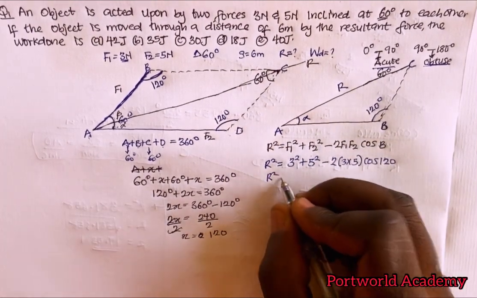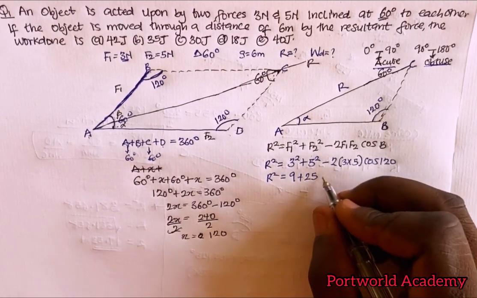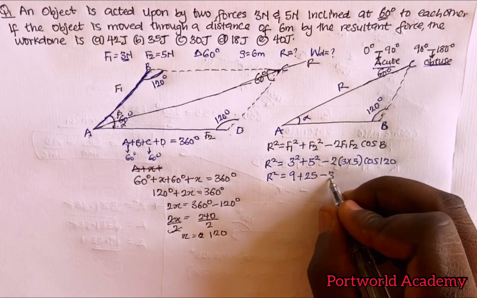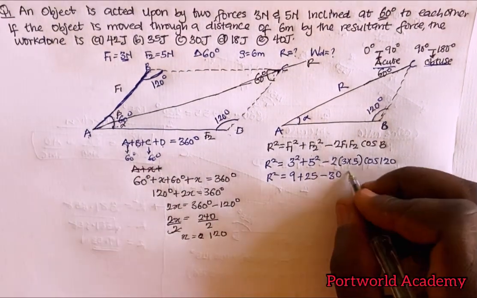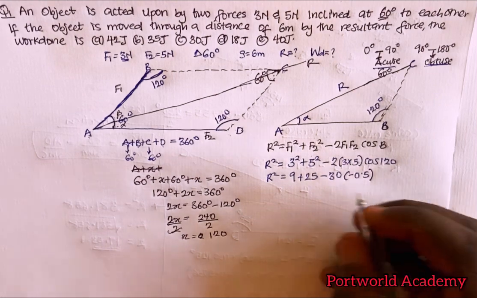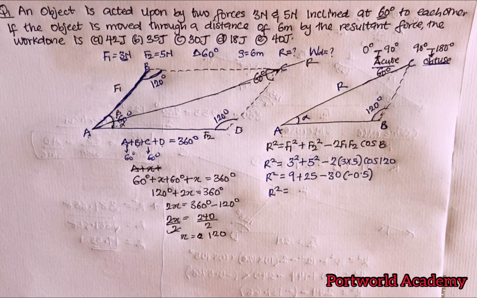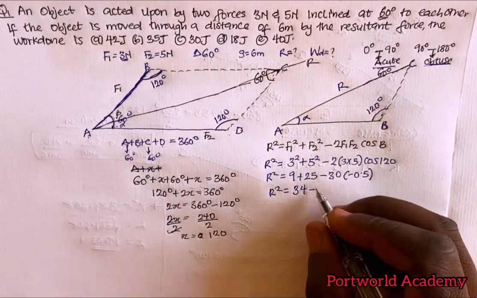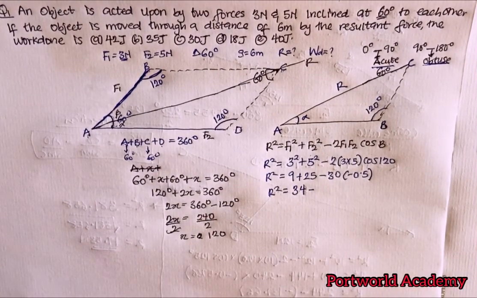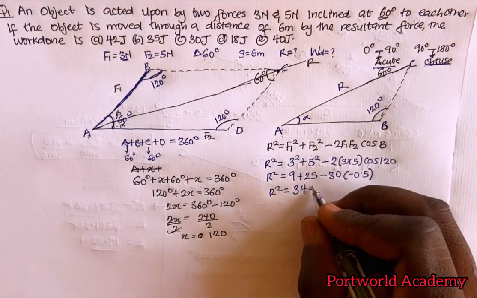Then R squared equals 9 plus 25 minus 30 times cos 120. Cos 120 is minus 0.5. So R squared equals 9 plus 25, which is 34, minus 30 times minus 0.5, which is plus 15.